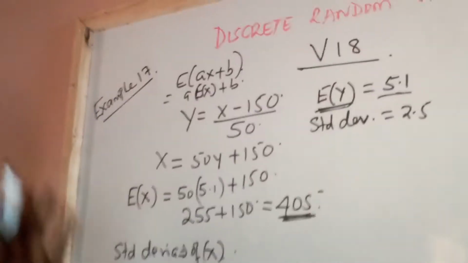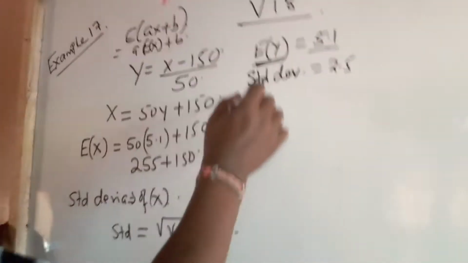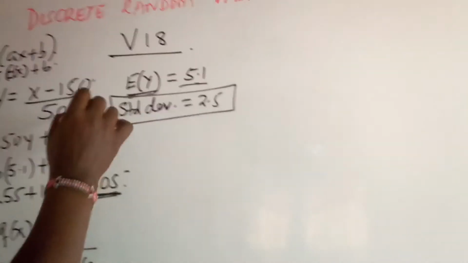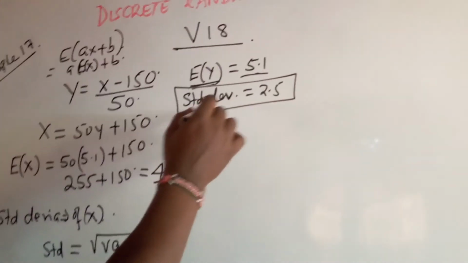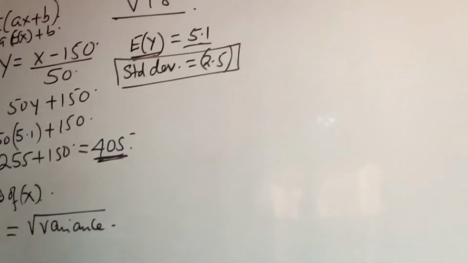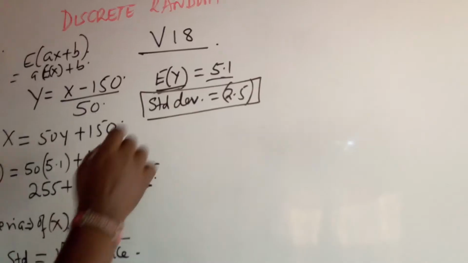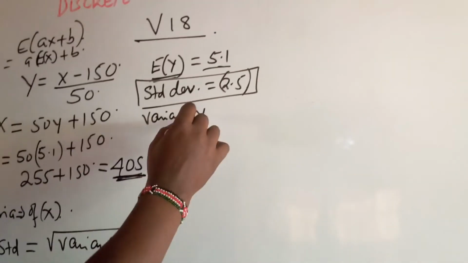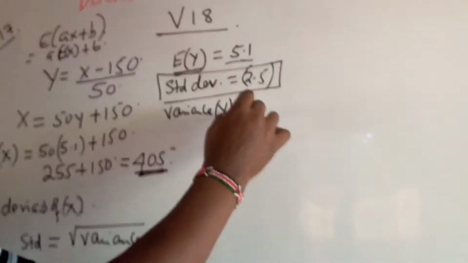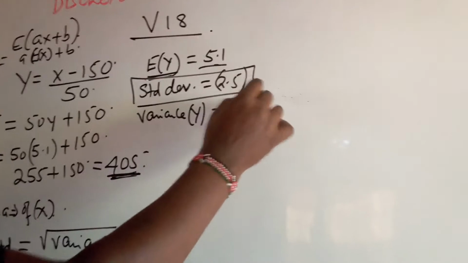Because we've been given the standard deviation of y to be 2.5, the variance of y is 2.5 squared.